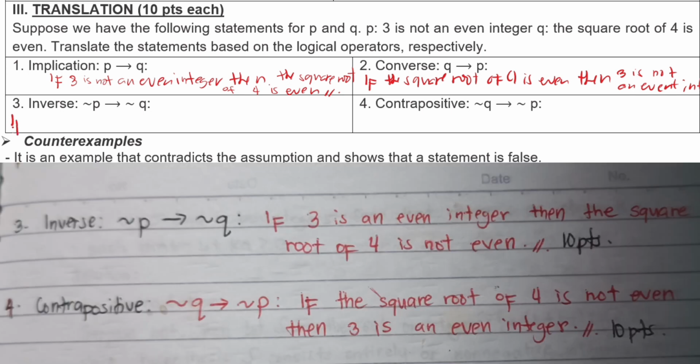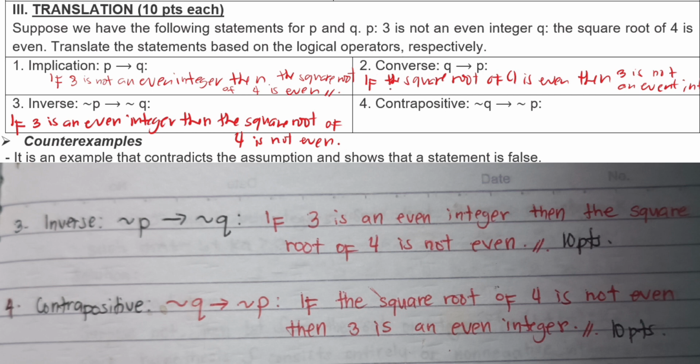Number 3, inverse. Simply just negate the implication. Not and not become positive. It will become if 3 is an even integer, then the square root of 4, that negates the Q, is not even. That's it. Number 4, contrapositive.